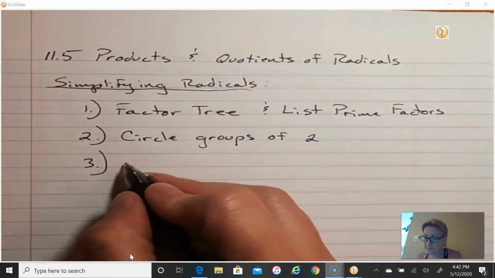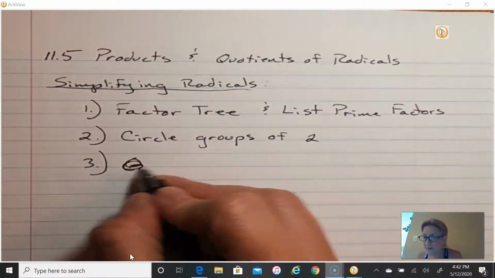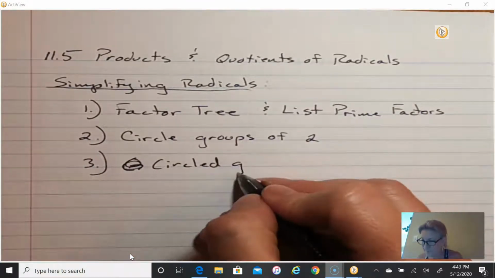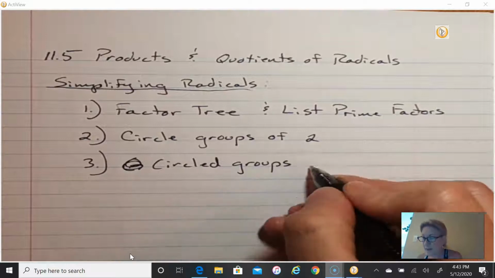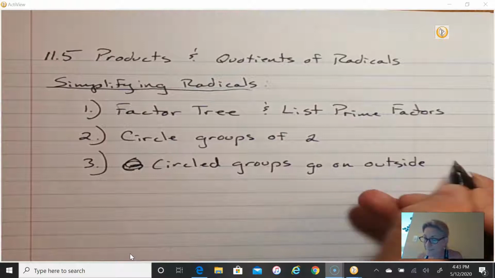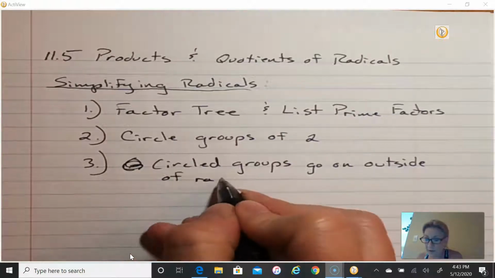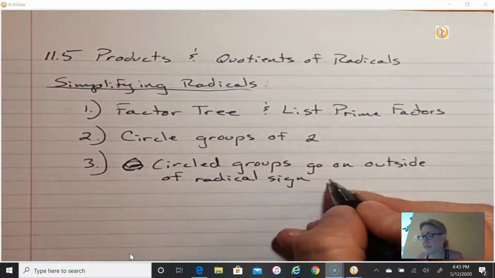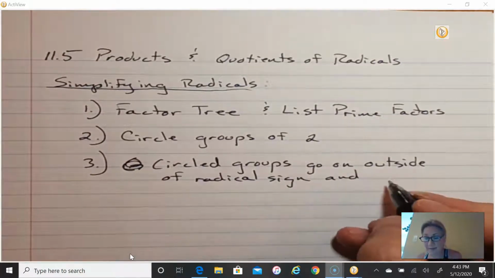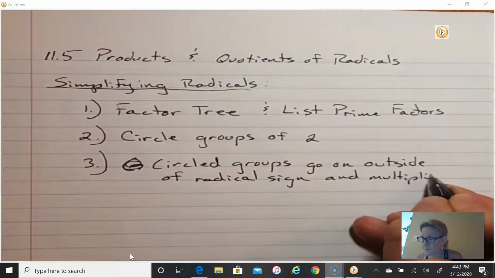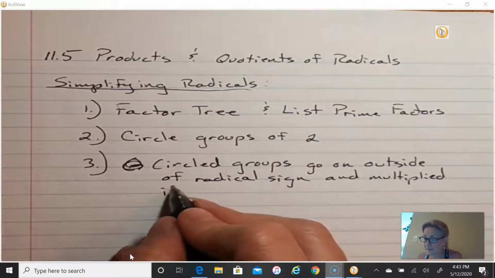Step 3, circled groups go on the outside of the radical sign and multiplied if needed.